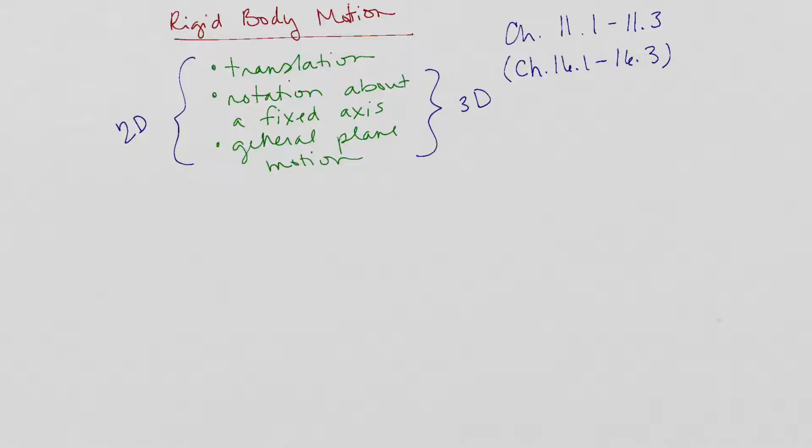So let's start out by talking a little bit about translation, and then we'll get into the rotation about a fixed axis. So for translation, we basically have a body that is just moving in that XY space.